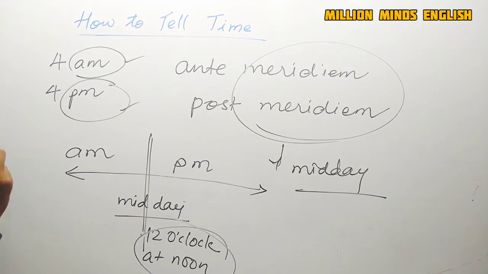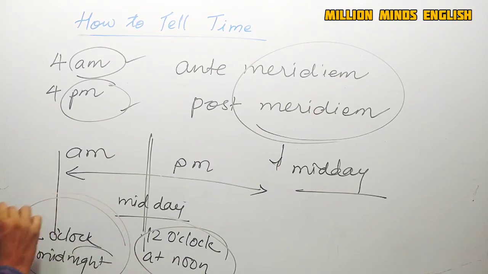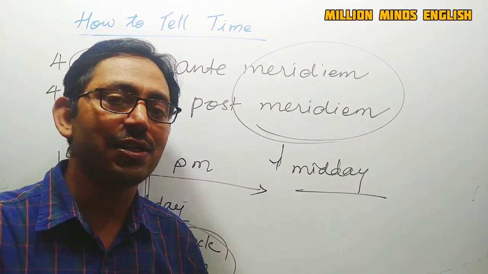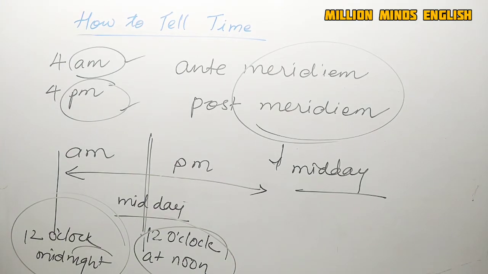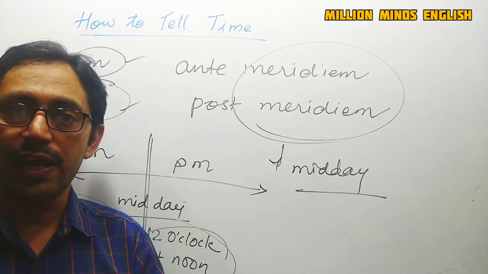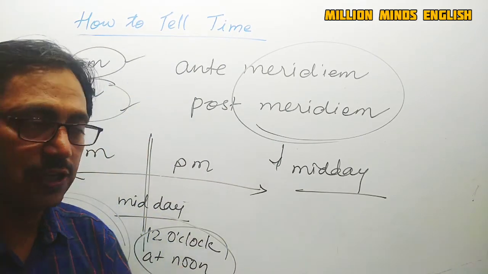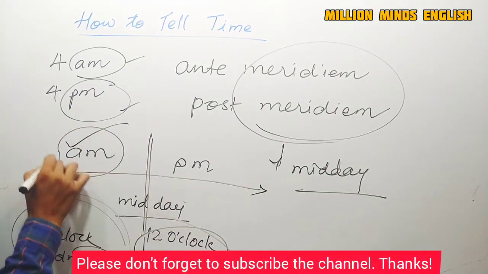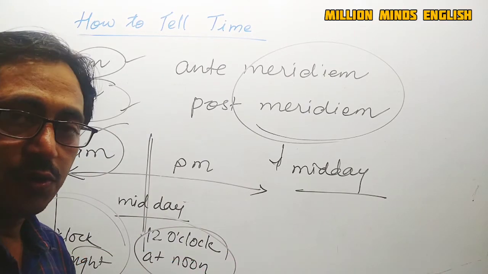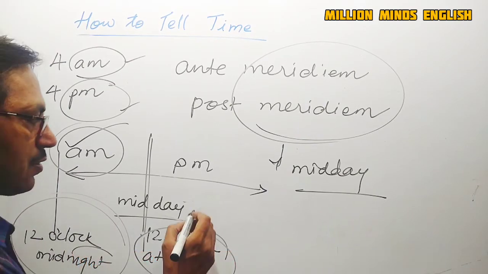And this AM starts from 12 o'clock at midnight. Clear, friends? I hope you will understand. Friends, you can simply say that the time after 12 o'clock at midnight to 12 o'clock at noon is represented by AM, and the time after 12 o'clock noon to 12 o'clock at midnight is called PM.